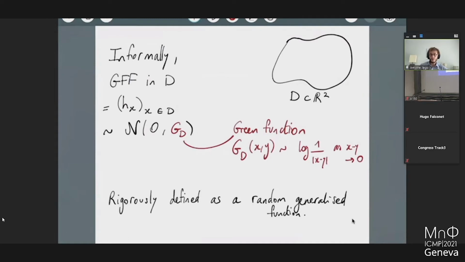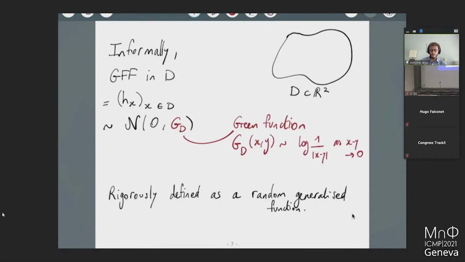And informally, what the GFF is, is the following. We have a given region of the plane, a given domain D, and the GFF is a random function indexed by the points of the domain, which is distributed like this. It is a Gaussian, and the covariance is given by the Green function of the Laplacian.